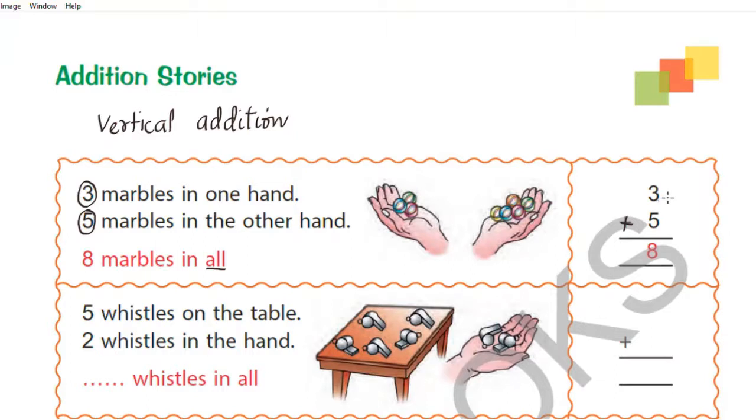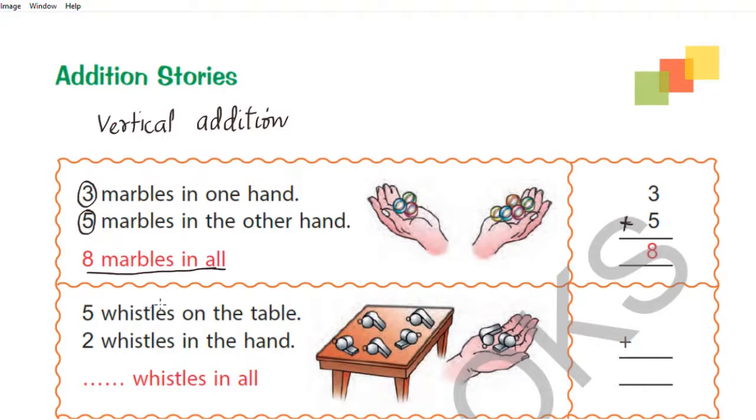Keep 5 in your mind and open 3 fingers. And then count ahead of 5. That is 6, 7 and 8. So your answer is 8. 8 marbles in all. So that's how you can find out the answers for these questions.